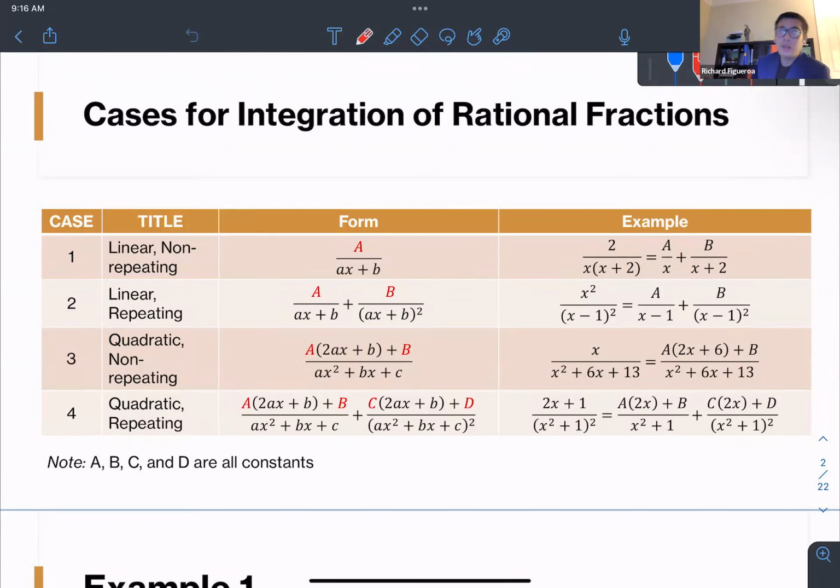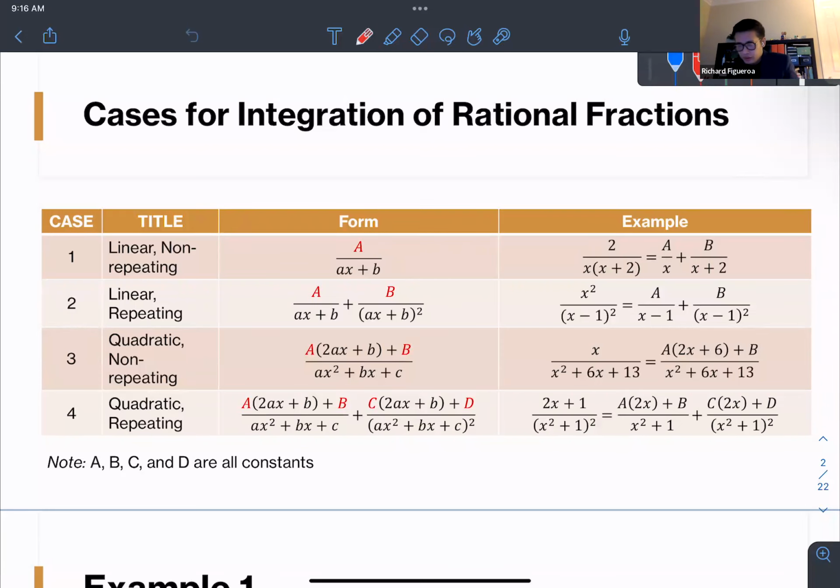Once we've found the equivalent partial fraction, most of the time we can use the three methods: it's either logarithm, power rule, or inverse trigo. Although there are cases that sometimes we need trigo substitution, so probably for case 4. But for case 1 and case 2, mostly those are logarithm.